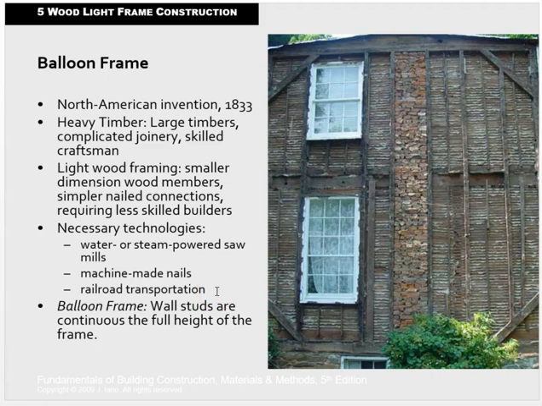So it was a big change from the timber frames, where the timbers would be cut down on your own property and hand cut. And then yes, continuous height, full height frame, as we said.